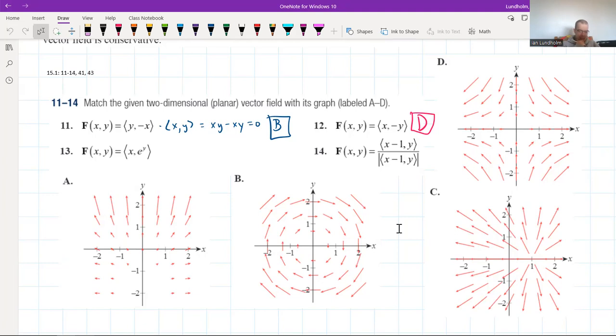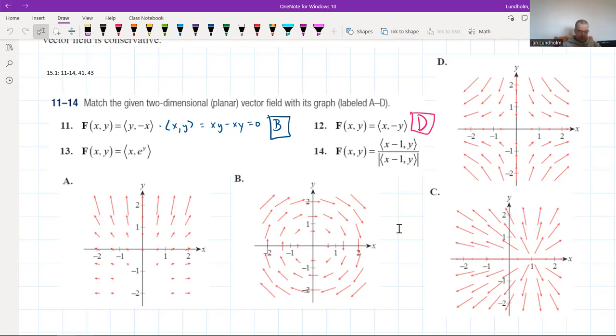13, we've got X and e to the Y. So X means that the vectors are going to be pointed in the same direction as the point that they start at, so they're going to be pointed away from the origin in the X direction. And in the Y direction, we've got e to the Y, which will approach 0 as Y approaches negative infinity, and will get very, very big as Y approaches large numbers.